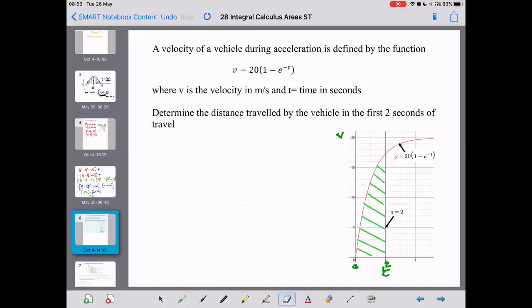So what we've got to do is find the distance, which is equal to, in this case, the integral between 0 and 2 of 21 minus e to the minus t times dt. That's the task.